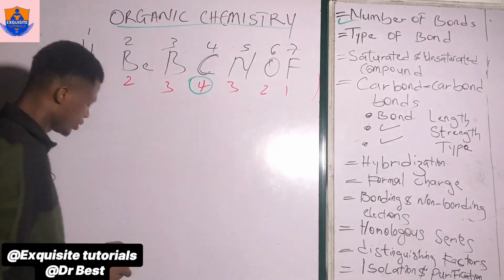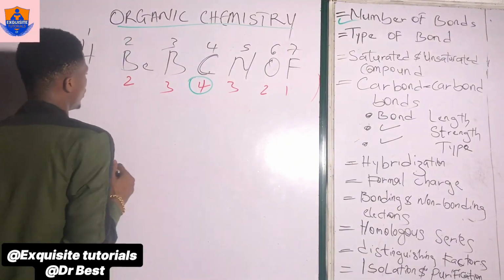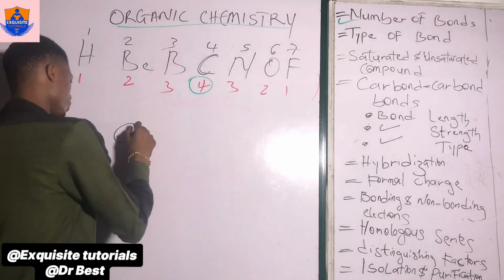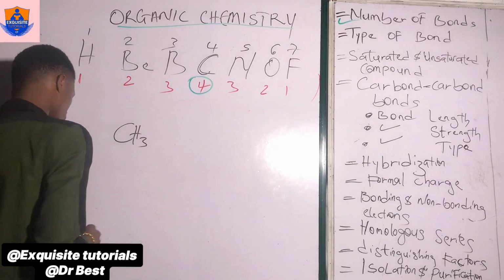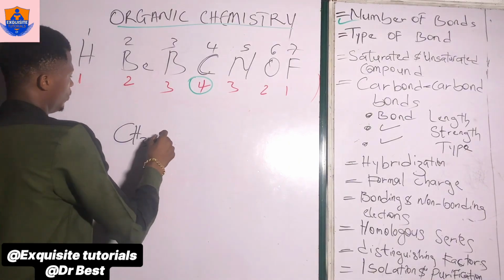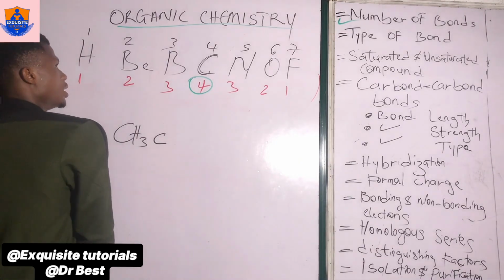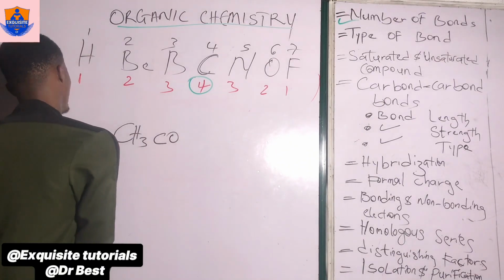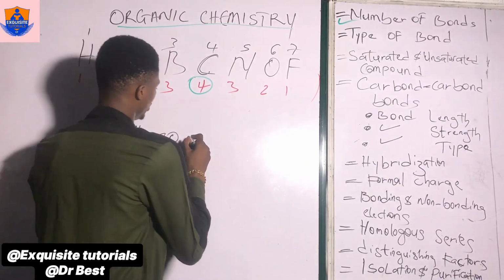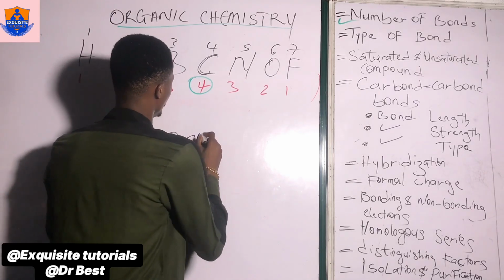Now let's look at this other compound. Let's say, for example, we'll have a CH3 and we'll have a CO and we'll have a CH2.